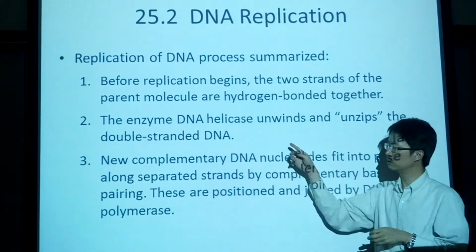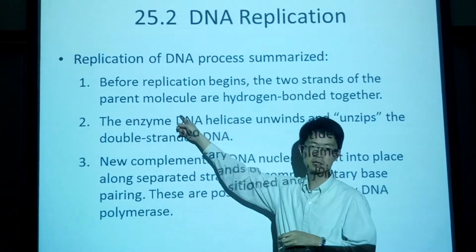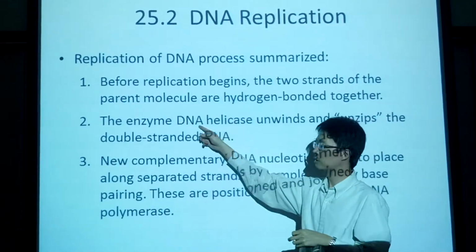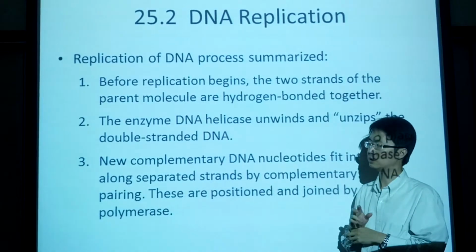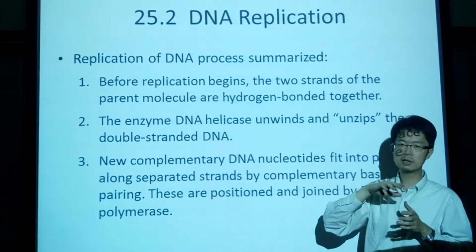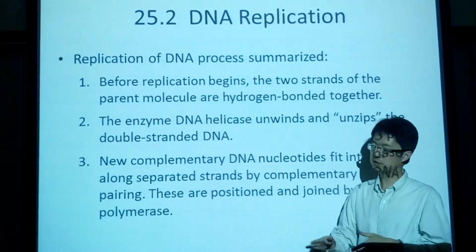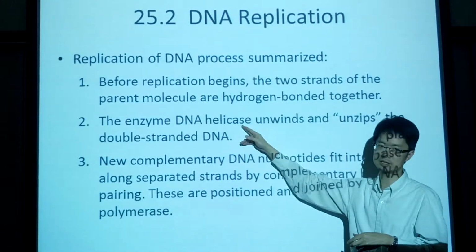And then we use an enzyme. This is one of the 3 enzymes that I want you to memorize for DNA replication. Other than DNA polymerase that we talked about previously, this one is called DNA helicase.